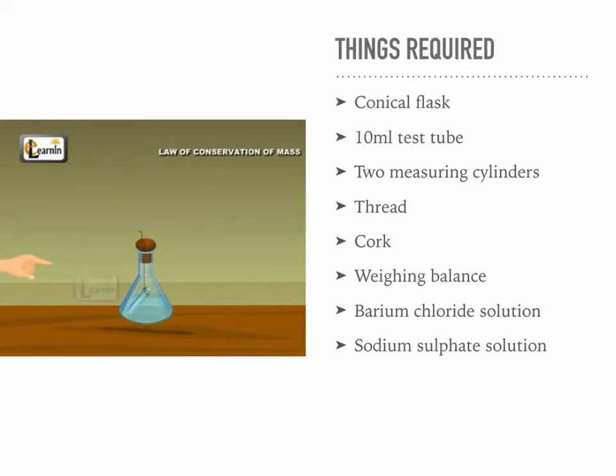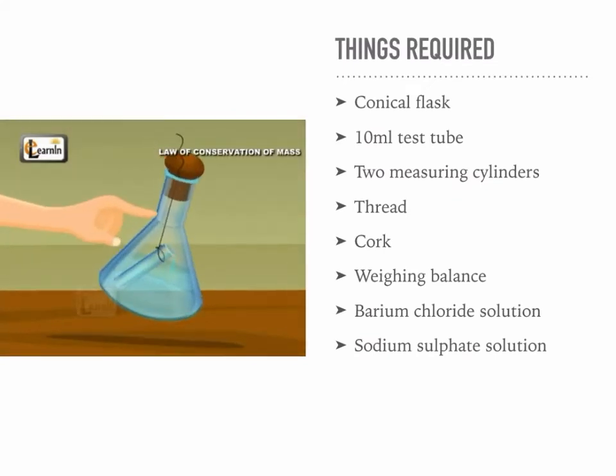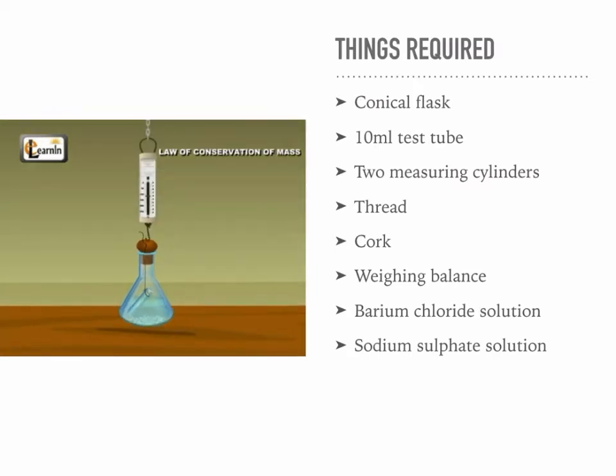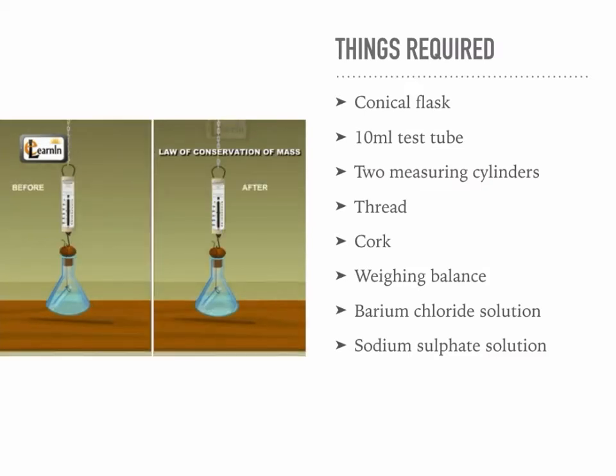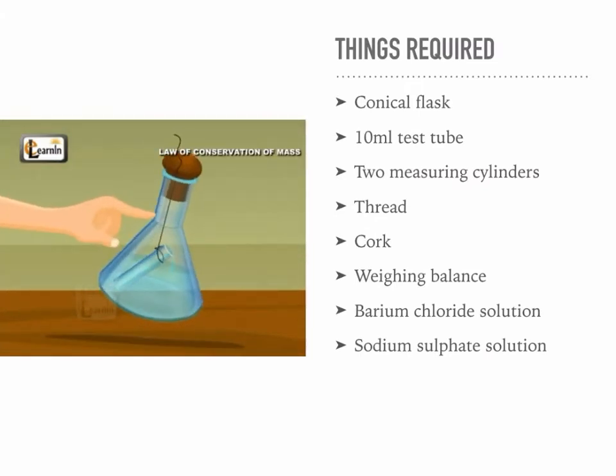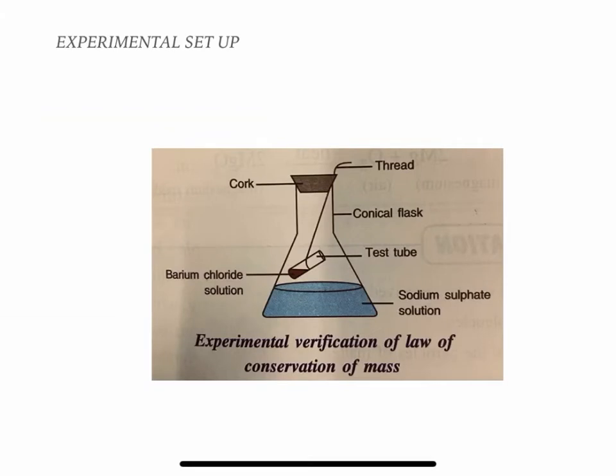The materials we require to carry out this experiment are conical flask, 10 ml test tube, 2 measuring cylinders, thread, cork, weighing balance, barium chloride solution, and sodium sulfate solution. This is how our apparatus will be set for the experiment.